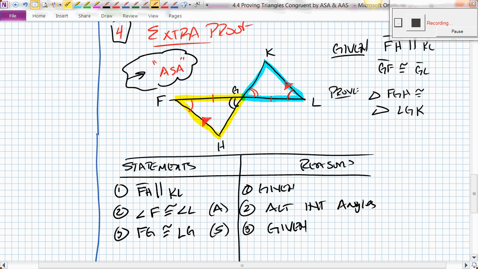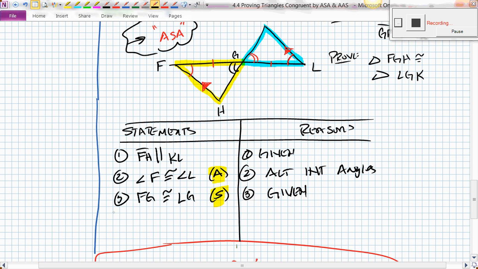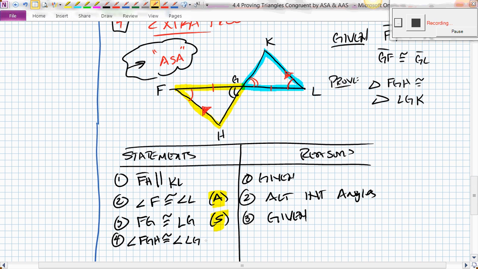Alright, so far I have an angle I've proven in my proof. I have a side. I need the last angle here. So number 4, I'm going to say that angle FGH is congruent to angle LGK. Is it K? I'll move up. Yeah, K. And that is an angle.